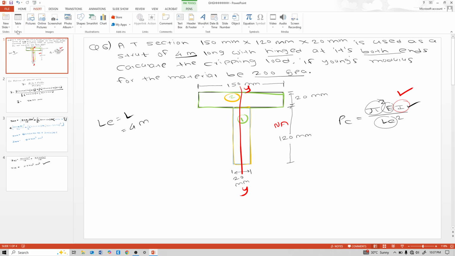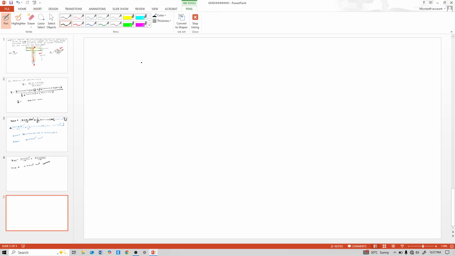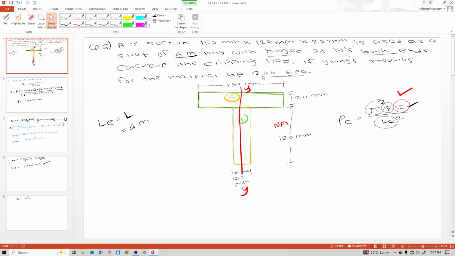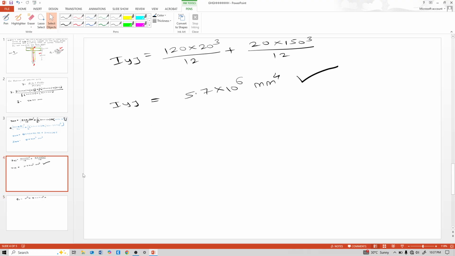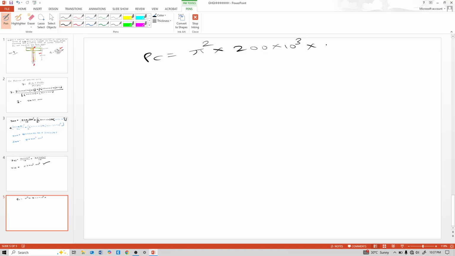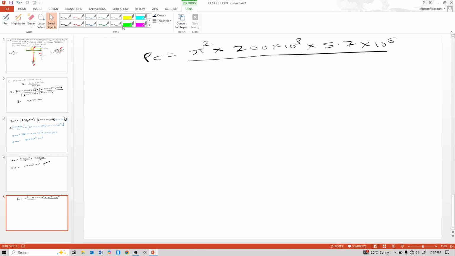Now take the Pc formula. Pc is equal to pi squared EI upon L squared. E is 200 GPa, in MPa it is 200 into 10 raised to 3. I is 5.7 into 10 raised to 6. L is 4 meters, that means 4000 squared.